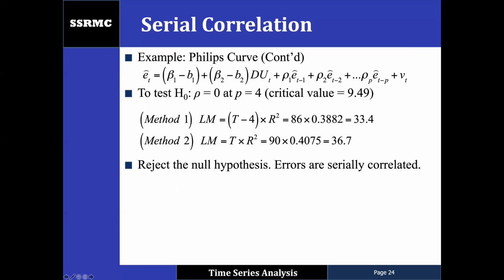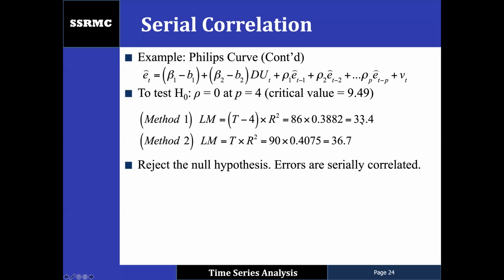You may extend the lag length to beyond 1. That's the benefit that the LM test can offer over the DW test. So if we test P equals 4, you're going to lose 4 observations. So you may see the difference between those 2 regressions is bigger compared with the previous one.